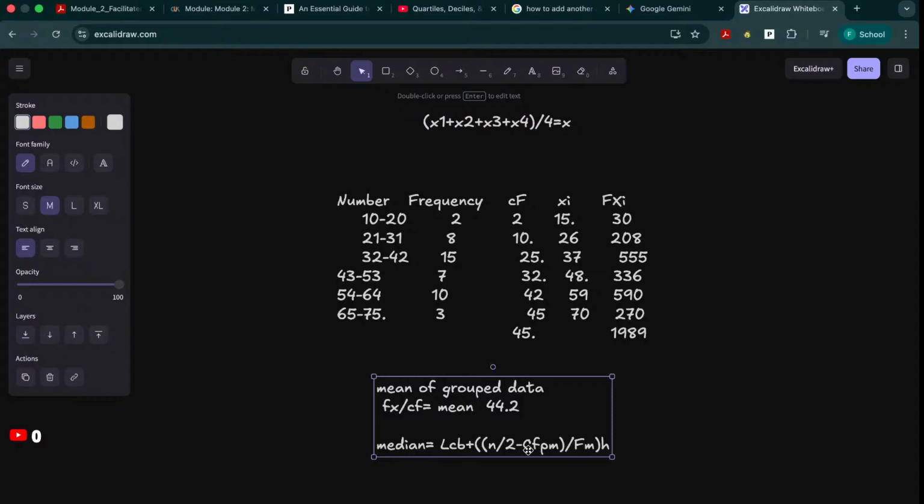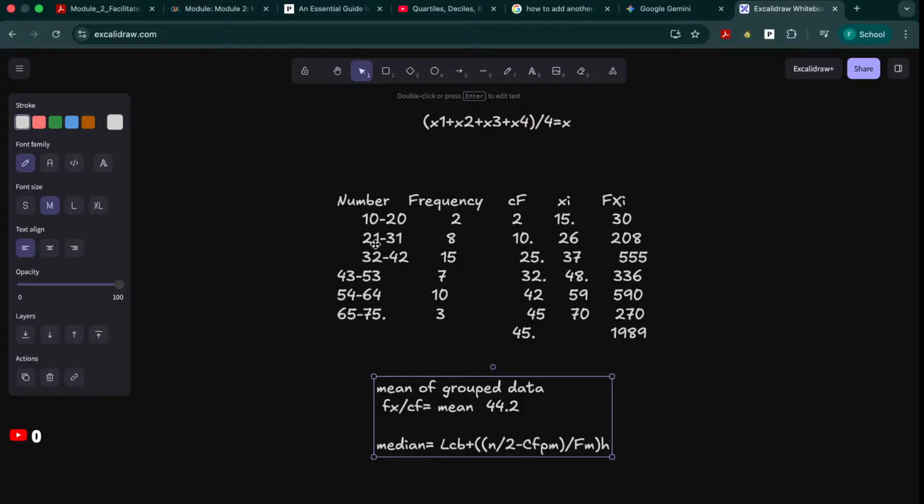Let me explain the method. When we are calculating the median, we use this interpolation formula, where you go to the classes and check first which one has the highest frequency. Then you check how the classes have boundaries.